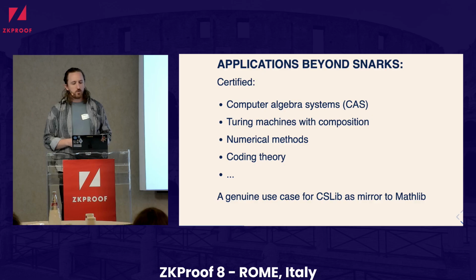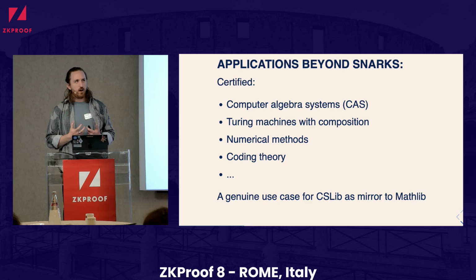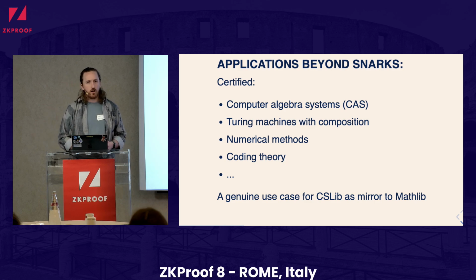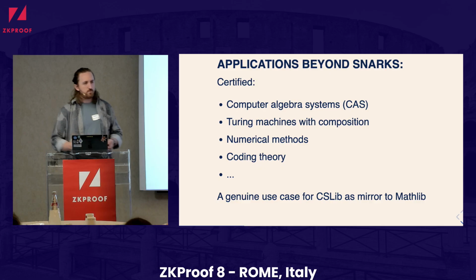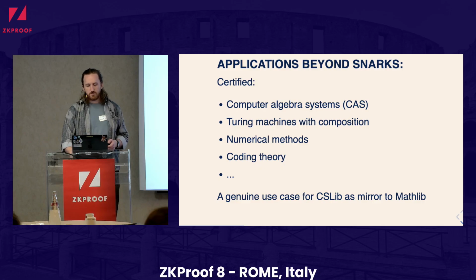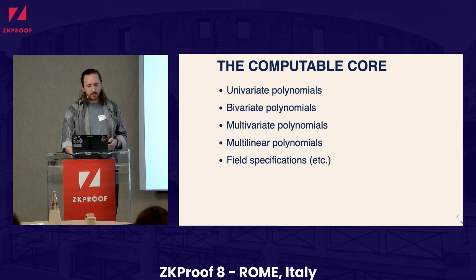And what we're hoping for with CompPoly is that this can be a good example of doing that, to set a precedent for other efforts to make computable versions of certain definitions in Mathlib.